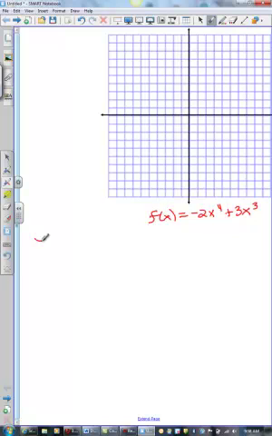Our leading term we know is negative 2x to the fourth. Okay. So the degree of this polynomial is 4.